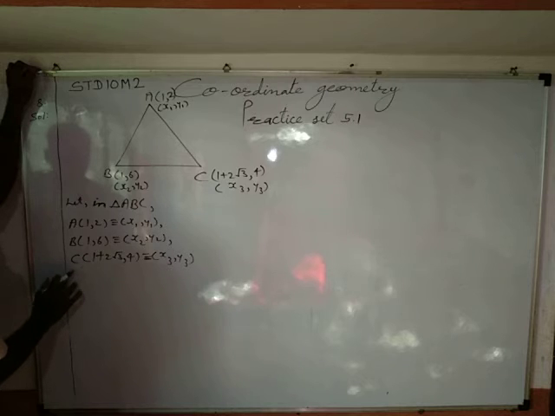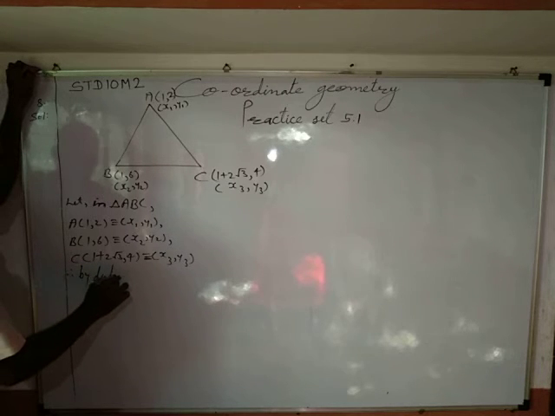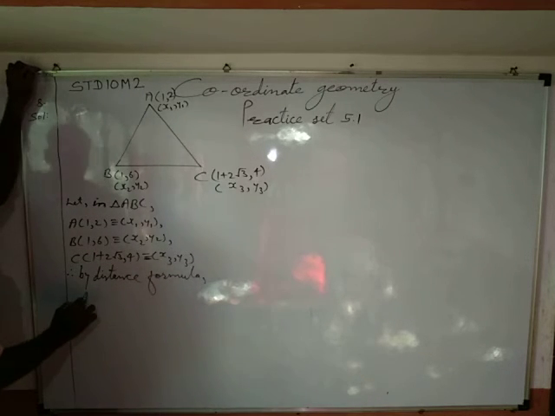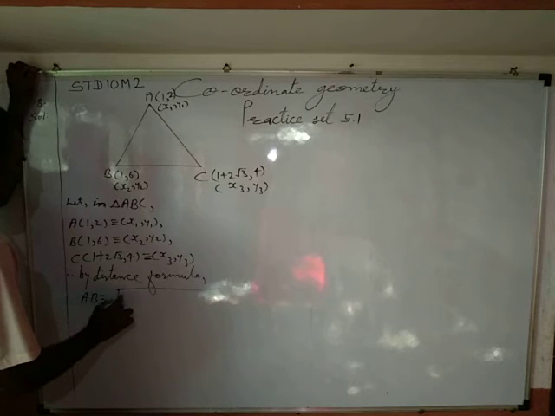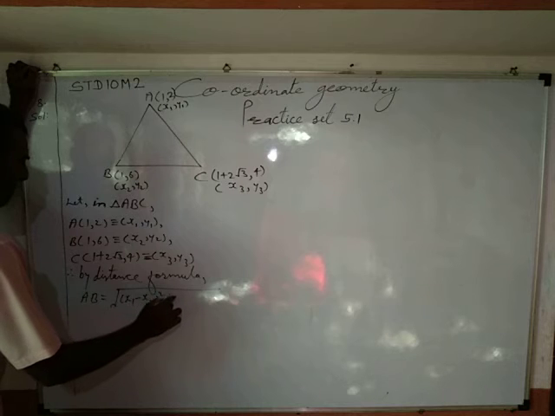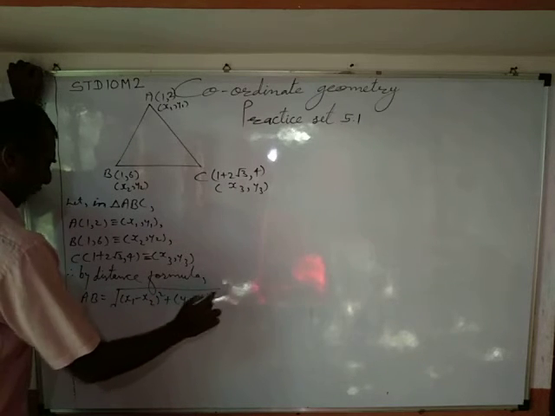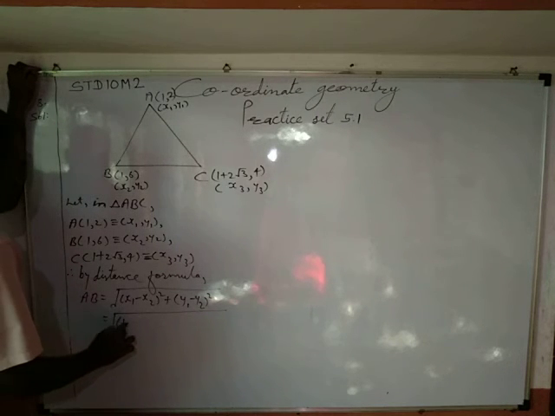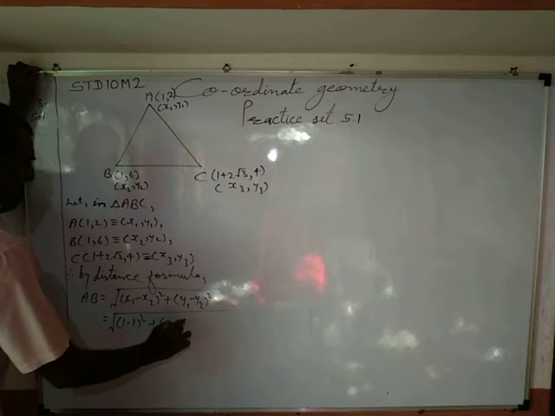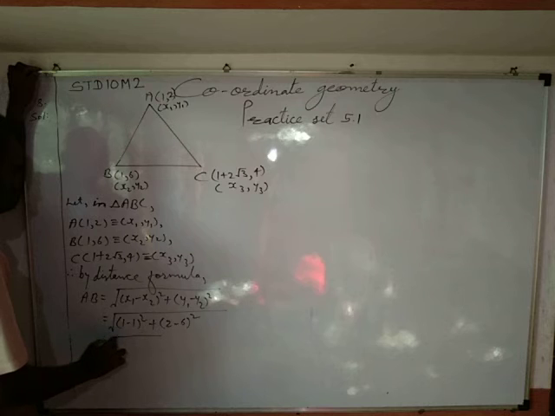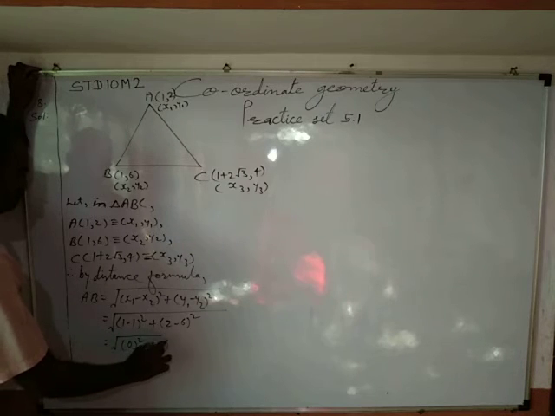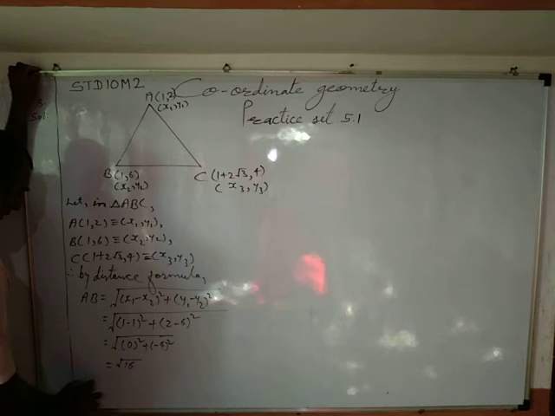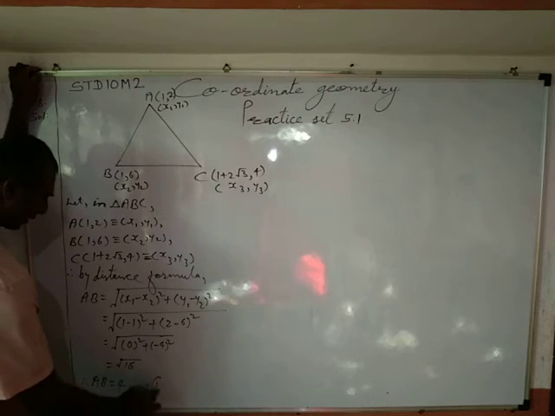Therefore, by the distance formula, AB equals under root (x1 minus x2) whole square plus (y1 minus y2) whole square, equals under root (1 minus 1) whole square plus (2 minus 6) whole square, equals under root 0 square plus minus 4 square, equals root of 16, and therefore AB equals 4. Equation first.